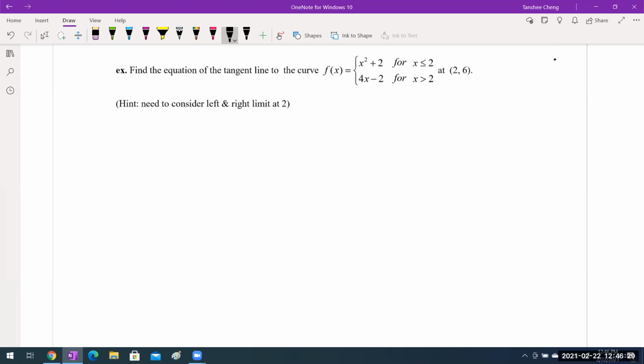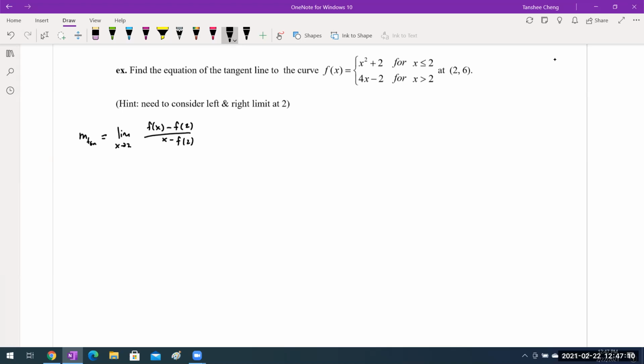But now, to find out the slope of the tangent line at 2, notice that the 2 is what? In both parts of the restricted domains in the piecewise defined function. So that basically is saying that we need to find out the left-hand side limit and right-hand side limit, because the slope of the tangent line is the limit as x approaches 2 of f of x minus f of a over x minus a, in this case f of 2.